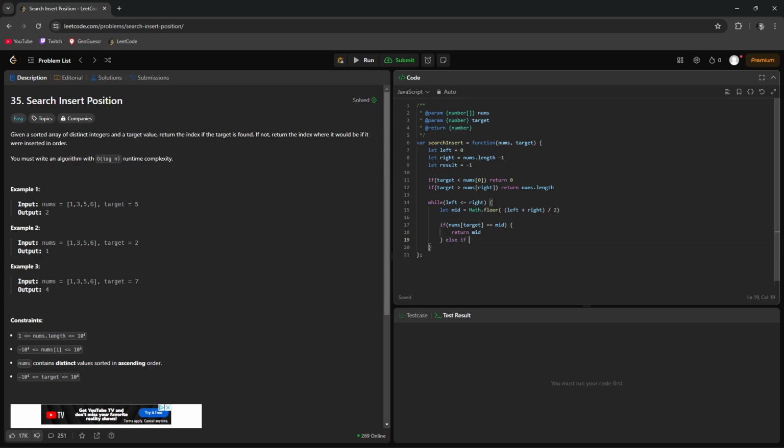Else if nums[mid] less than target, left equals mid plus 1. Else right equals mid minus 1, and result is equal to mid.